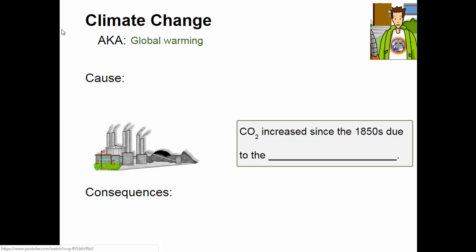Because it's not just that the earth is getting warmer. In some places it might not. Some places it gets wetter. Some places it gets drier. Some places it gets warmer. So it sort of depends on many different factors. But the main idea is that we are altering the Earth's climate by doing what?